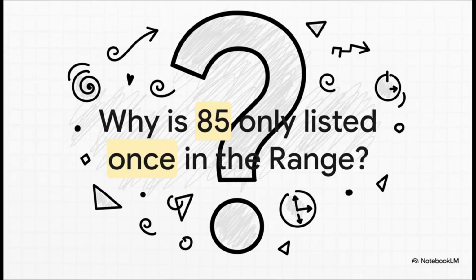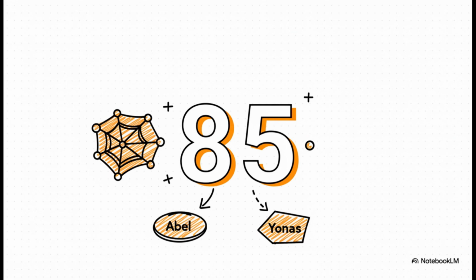But wait a minute. You're probably looking at that and thinking, hang on, Abel and Jonas both scored an 85, so why is 85 only listed once in the range? That is an excellent question, and you've just hit on a really important rule here. Let's focus on that number, 85. It definitely shows up twice in our original list of pairs, right?